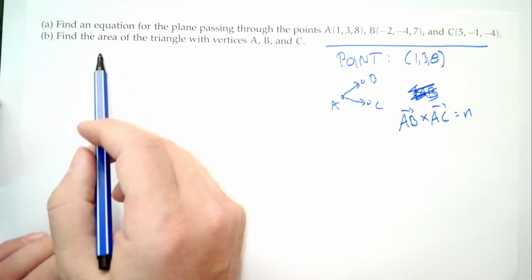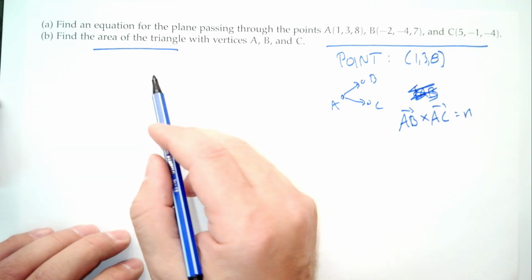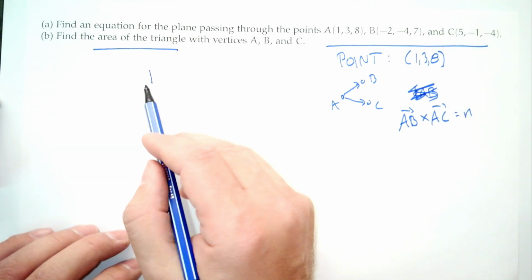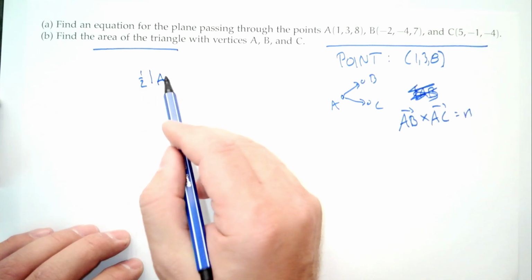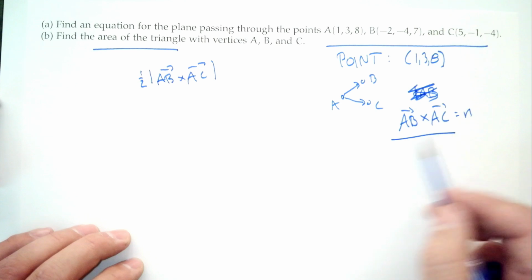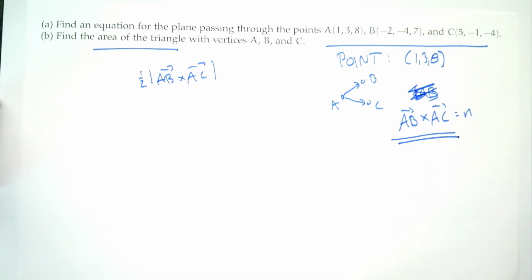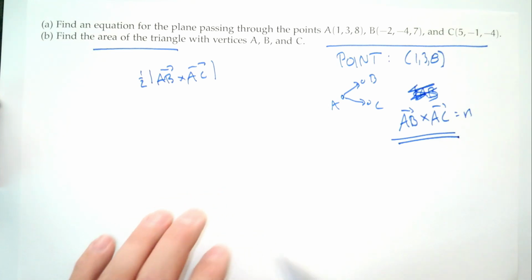If you want to find the area of the triangle, how do you do areas of triangles? It's 1/2 AB cross AC, and you already did that in the previous step. You already found the normal vector, so it's almost no more work to find that area. The reason it's 1/2 is a triangle is half a parallelogram.